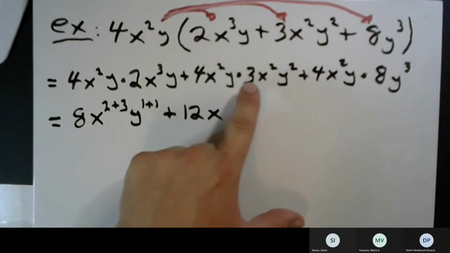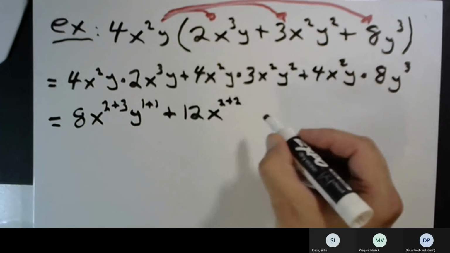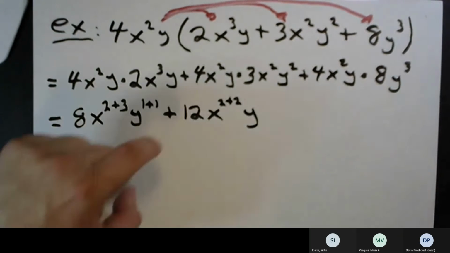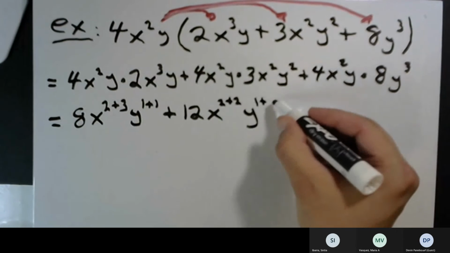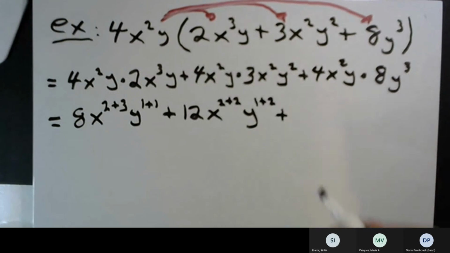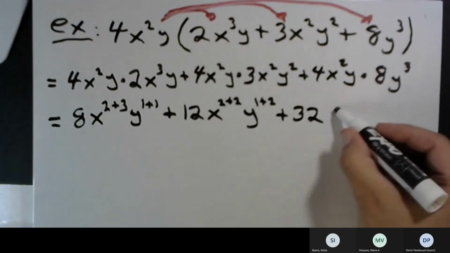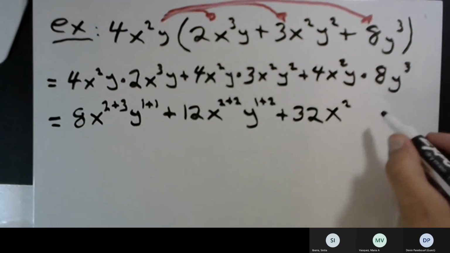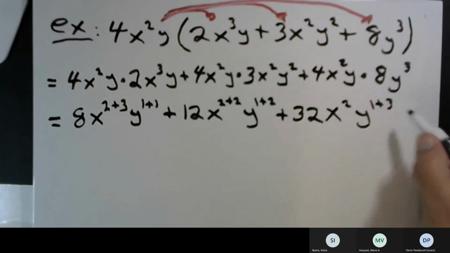X to the 2 plus 2. Y to the 1 plus 2. 4 times 8 is 32. Then we just have an x squared and then a y to the 1 plus 3.